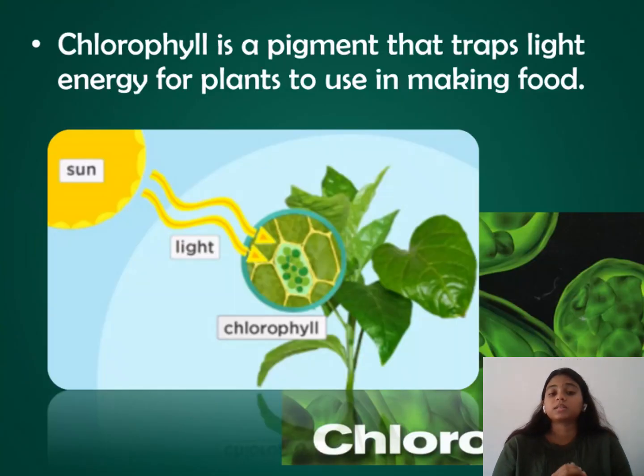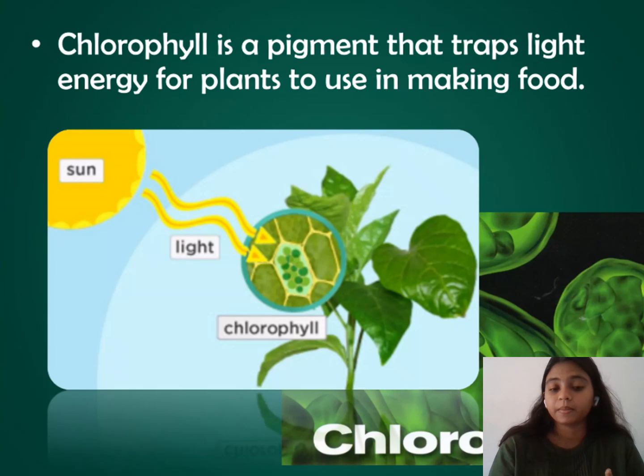Now there is another pigment which is called chlorophyll. As I said earlier, these plants need light energy to make their food. There are three main ingredients, which are water, carbon dioxide, and sunlight. So the sunlight, there should be someone to trap it, right? So that pigment is called chlorophyll.